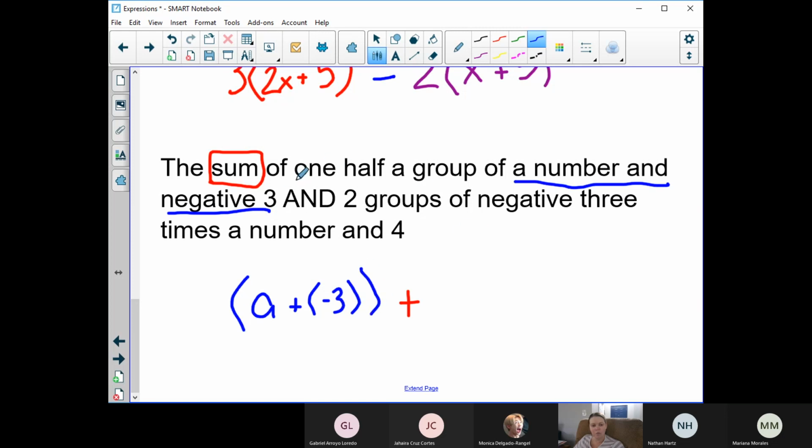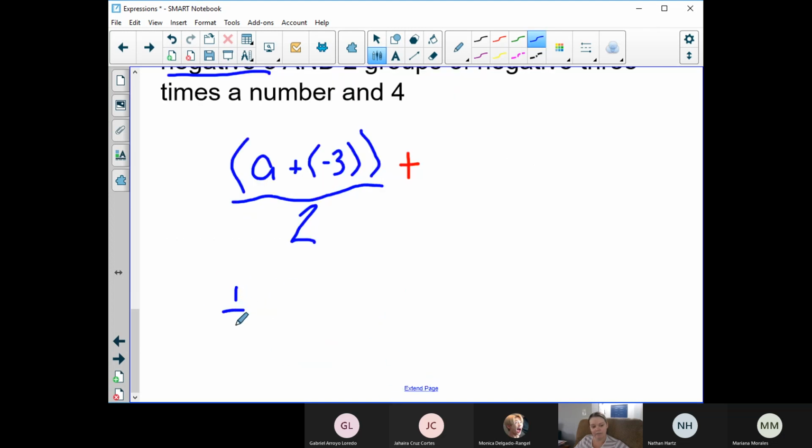And it tells us 1/2 a group. So how would I write 1/2 a group of a number in -3? What would I write on the outside of my parentheses? We can divide this whole thing by 2, or I could also multiply by 1/2. Okay, I'm going to write that down here.